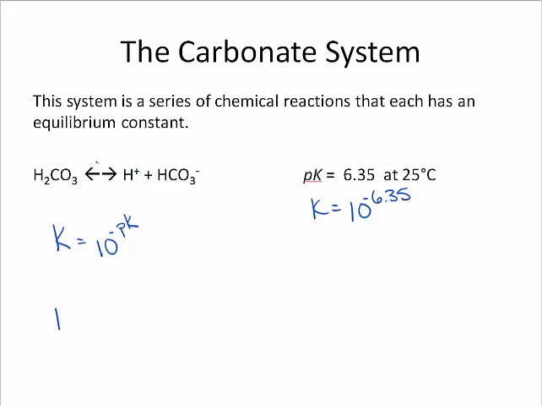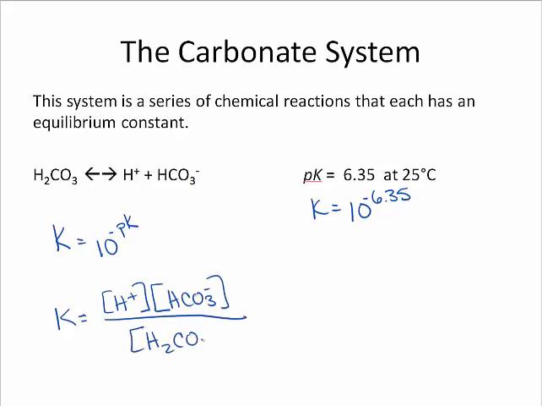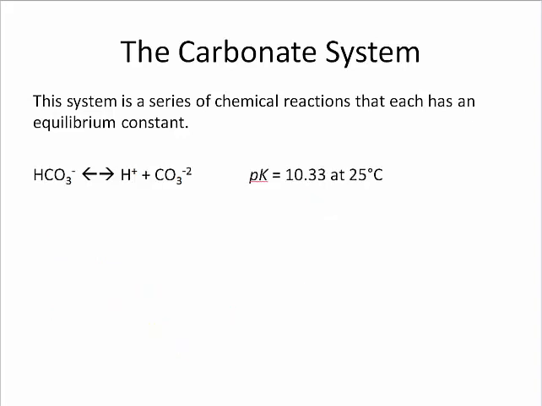So for this chemical reaction, K equals the molar concentration of the proton multiplied by the molar concentration of bicarbonate divided by the molar concentration of H2CO3. And all of this is equal to 10 to the negative 6.35.